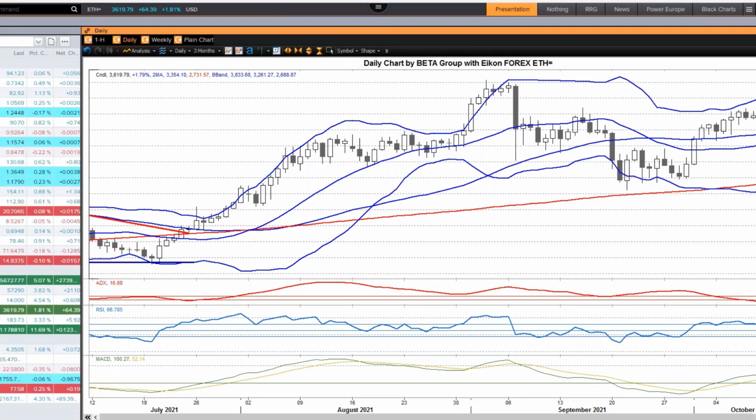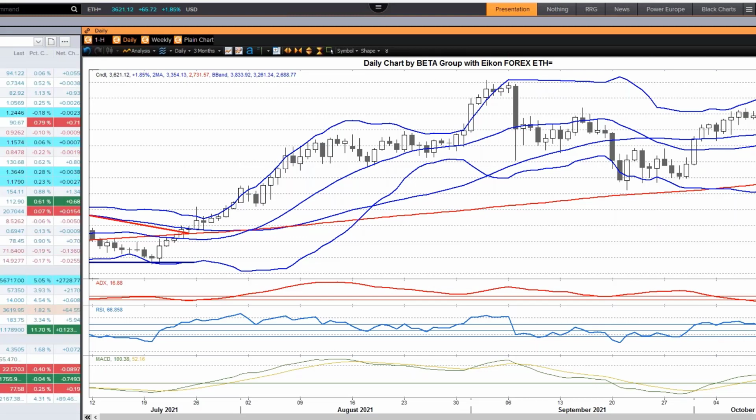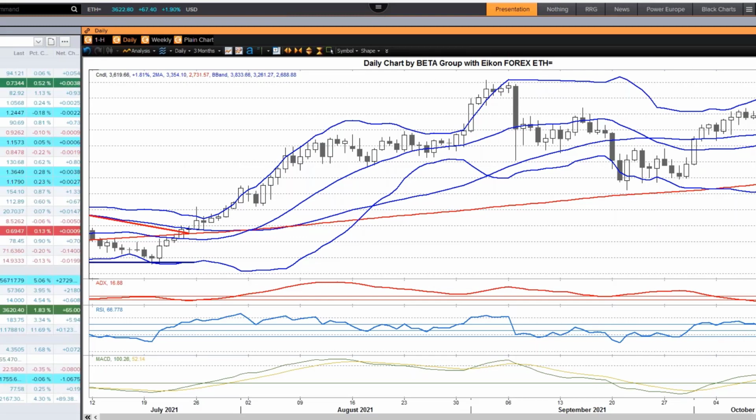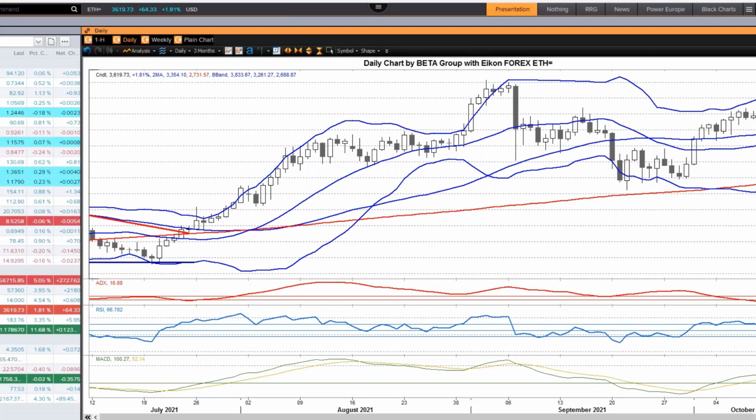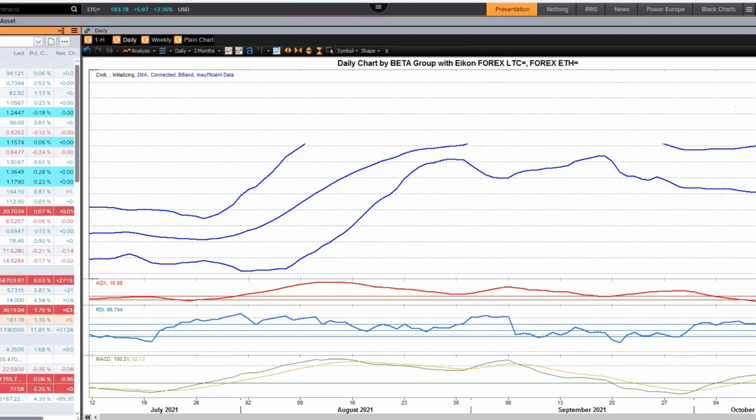So we're struggling at that, and it's looking like it's going to break it. The technicals are good, the MACD is good, the RSI is positive. The ADX is at 16, which is a low reading, telling us we've got churning. So we haven't got such a strong picture here in the short term as we have in Bitcoin. And we've got two highs to break, and we haven't got the velocity at all. So of those two, Bitcoin is the better of the two.